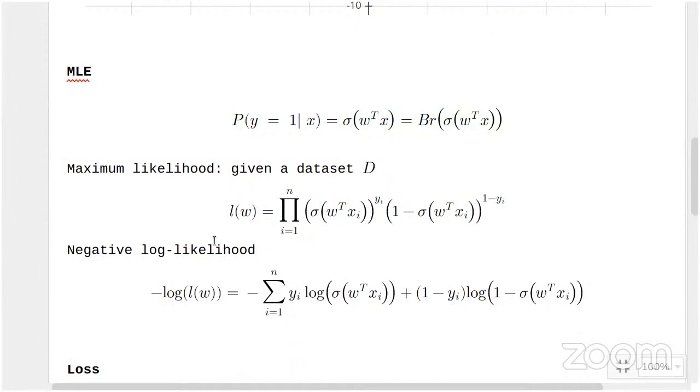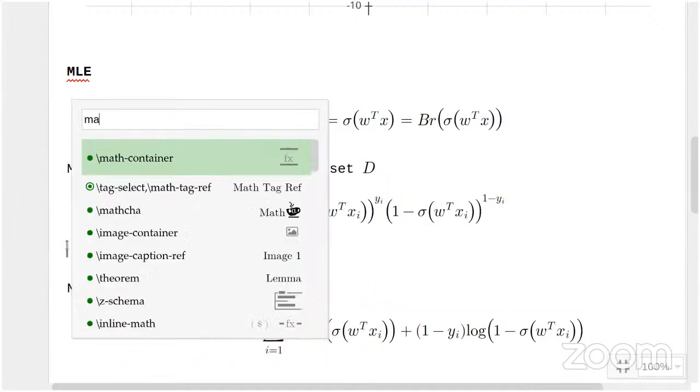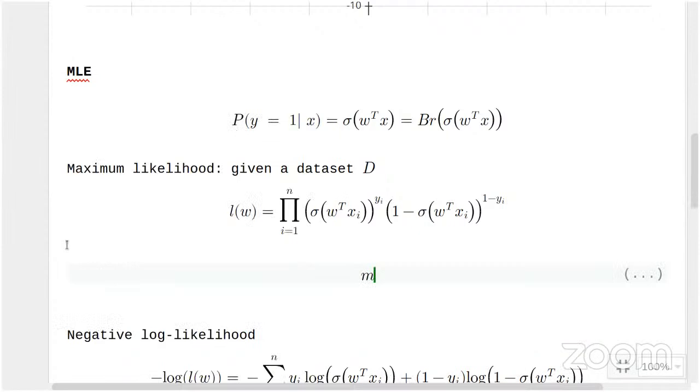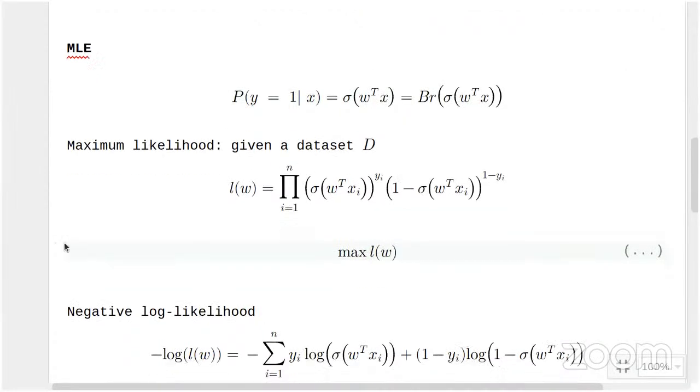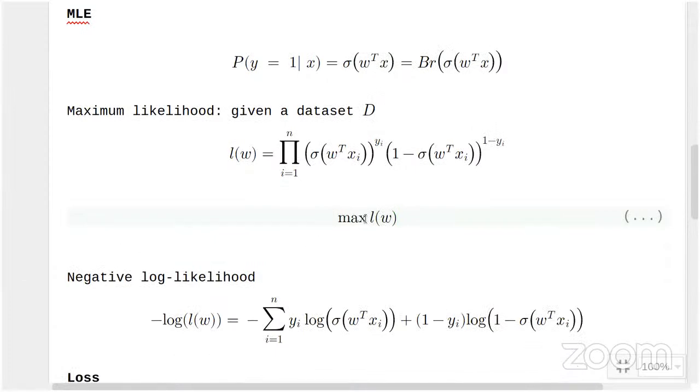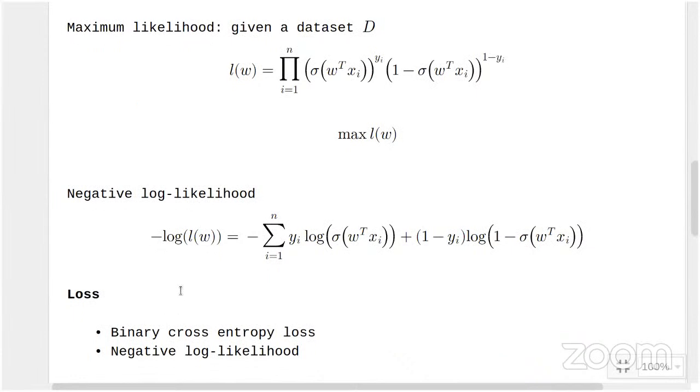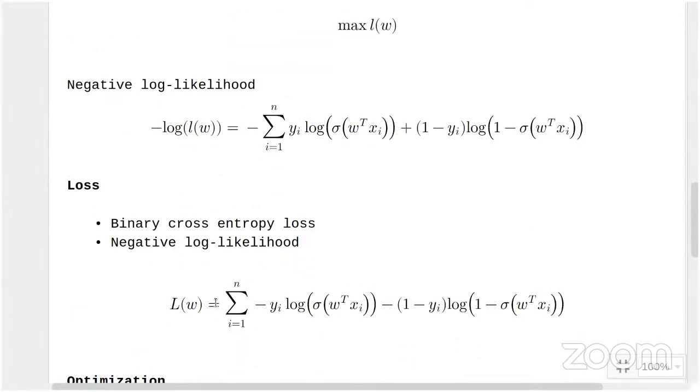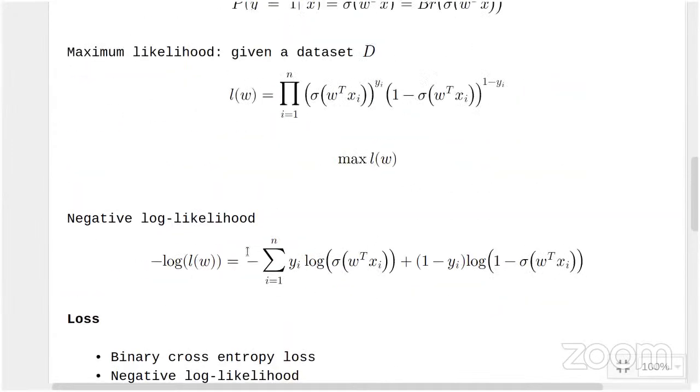So our idea is to maximize the likelihood, L of W, which is the same as maximizing the log of the likelihood, which is the same as minimizing the negative log likelihood. How can it be the same?